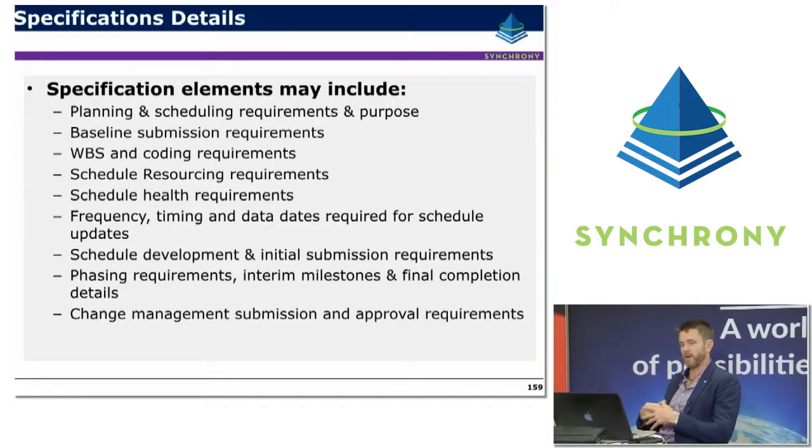So typical elements might include design, procure, construct, commission, and then broken down into different areas or different disciplines. But it's most common that at the more detailed level, it'll be driven by the contractor and the means and methods they plan to use for executing the work.